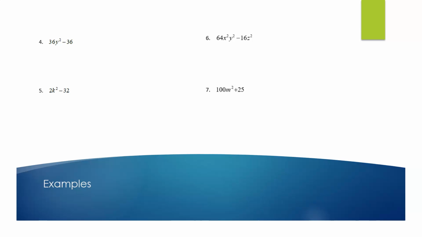I would say you have a greatest common factor of 36, so I'm going to pull that out. So I have 36. Now these are two squares. y plus 1, quantity y minus 1.